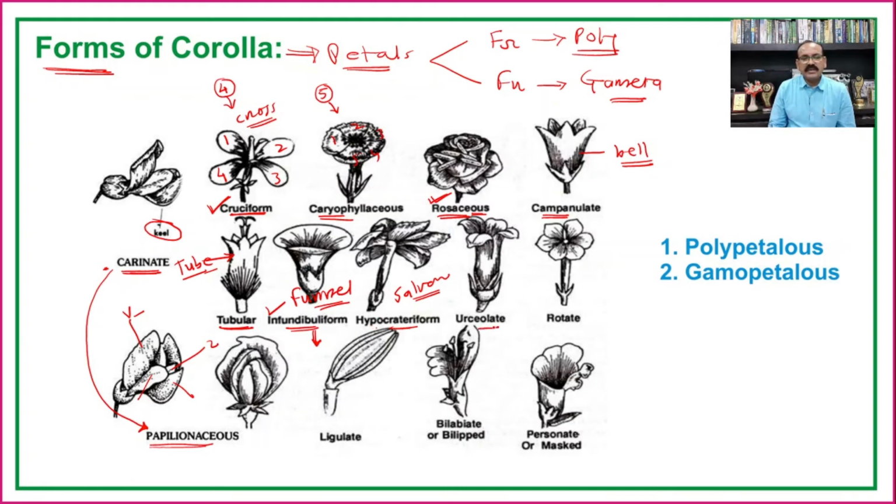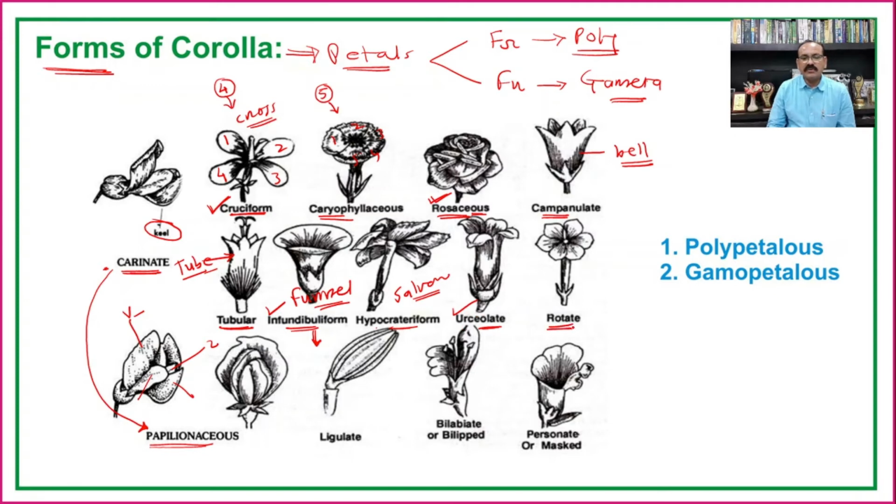In urceolate type of the corolla, the shape of the corolla is just like that of the pitcher in insectivorous plants, then such a corolla is known as urceolate type of the corolla.